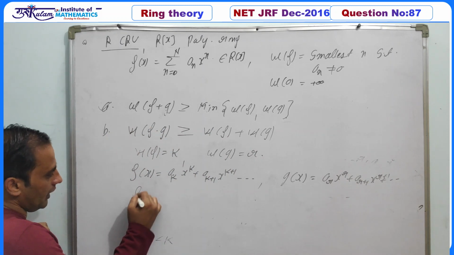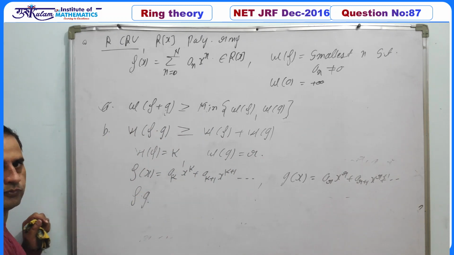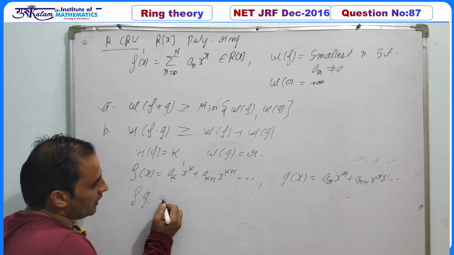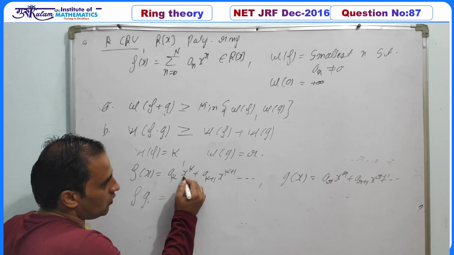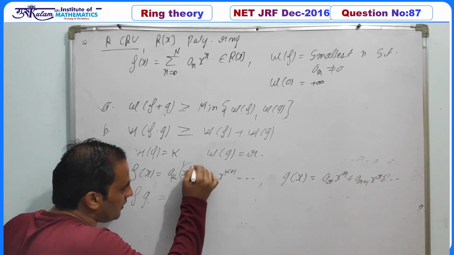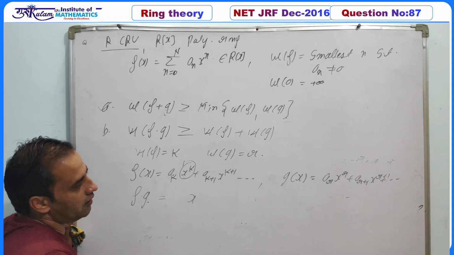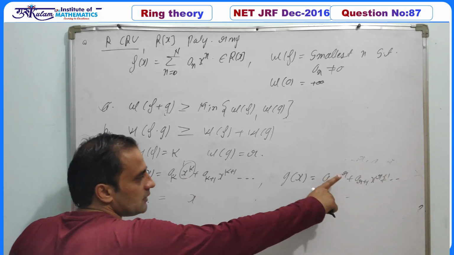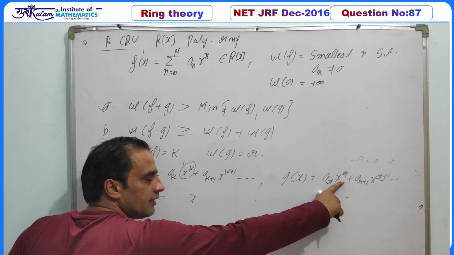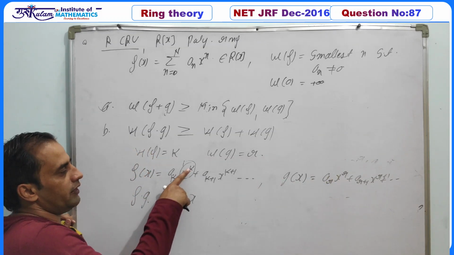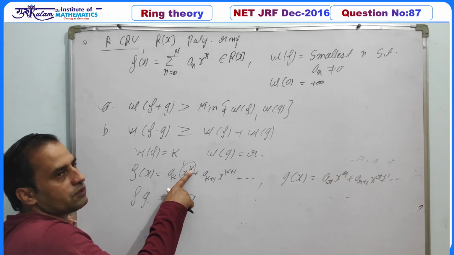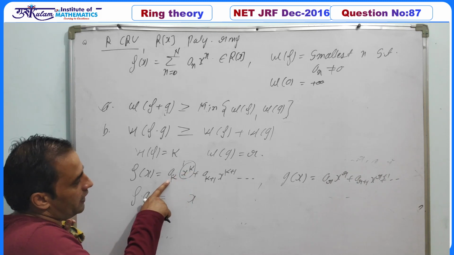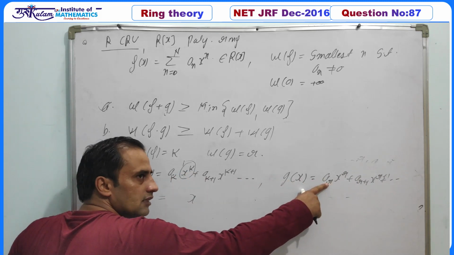Now if we take f times g, then the least term degree in the first polynomial is the kth degree, and in the second polynomial the least term degree is the rth degree. So in a product, the least term degree can be k plus r, provided a_k times a_r is non-zero.